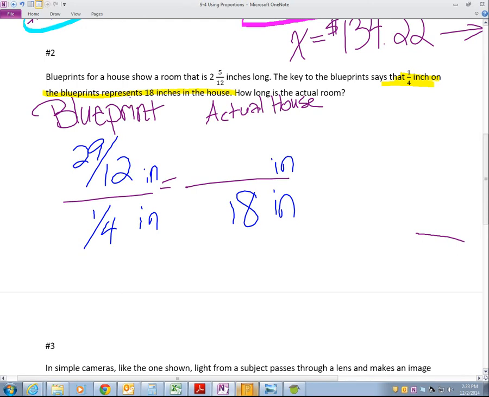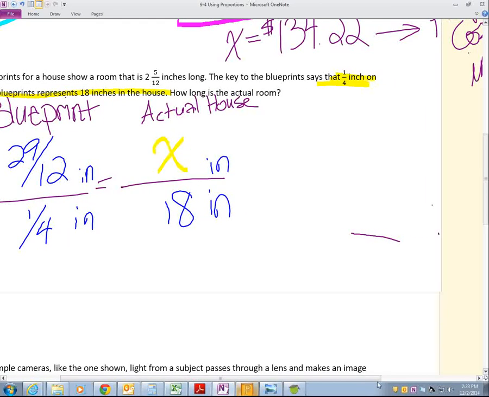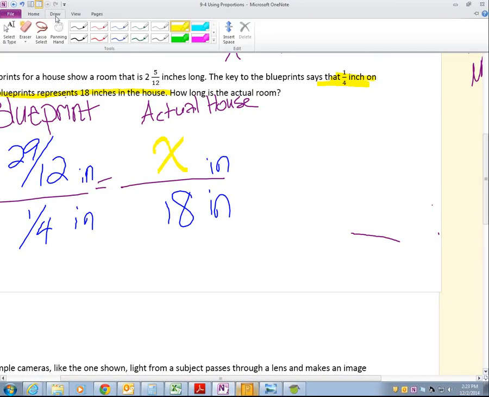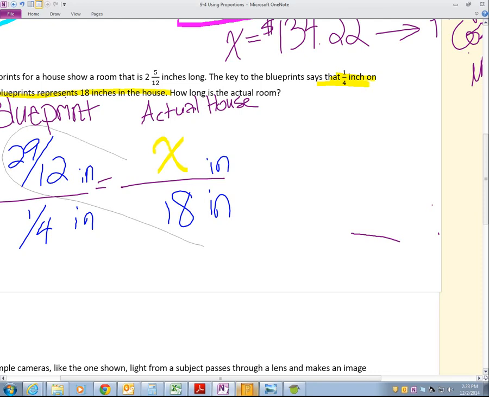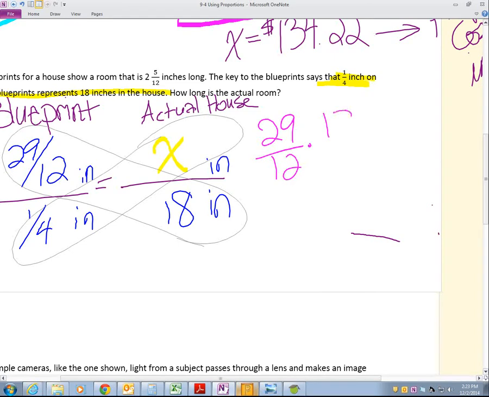So we are missing something here, so that's going to be our variable. That's going to be our variable. And when I set this up, when I multiply 29/12 and 18, then x and 1/4, it's going to come down to 29/12 times 18 over 1, because 18 is actually 18 over 1, equals 1/4 times x.